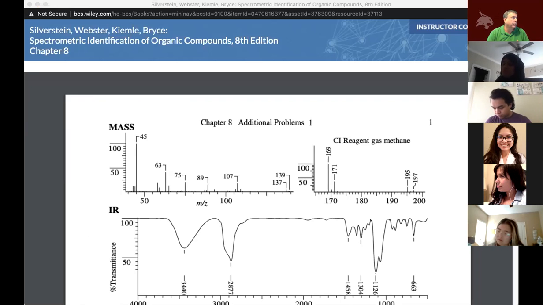Those are solved problems. The 6 is multinuclear. So this is the digital version of the 8th edition that I have. I have their companion site. And so everybody has something different than what's here?